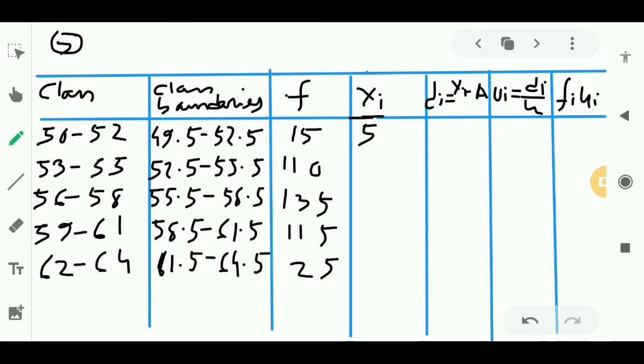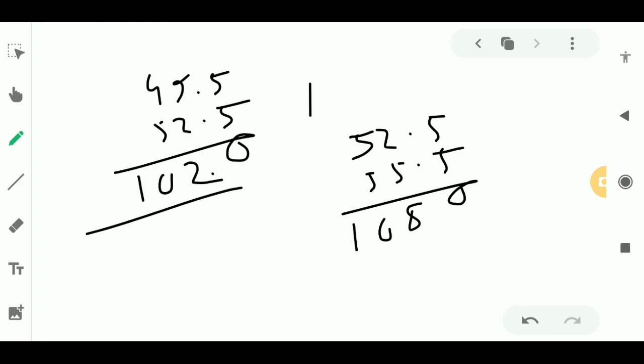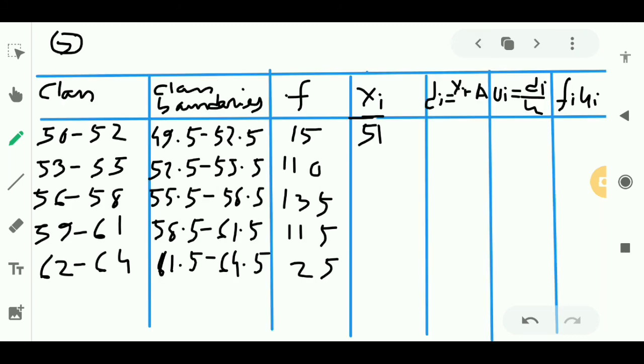Next one is 52.5 and 55.5, which adds to 108. Divide by 2 means 54. So it is increasing by 3. Next ones are 57, 60, 63.